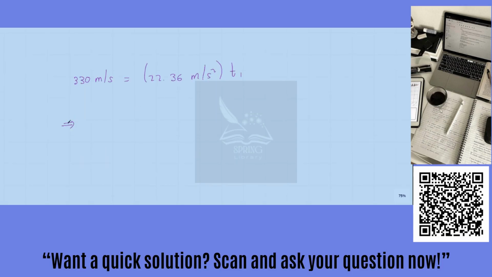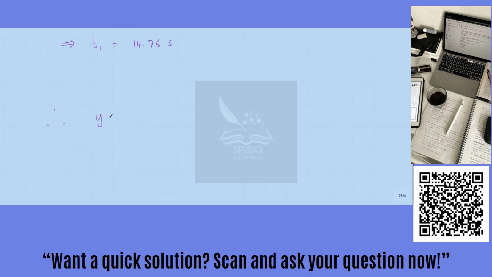And so we can find t1, and we get t1 to be 14.76 seconds. Now that we have the time, we can find the elevation of the rocket using the y equation.